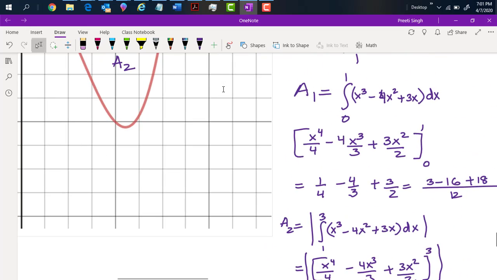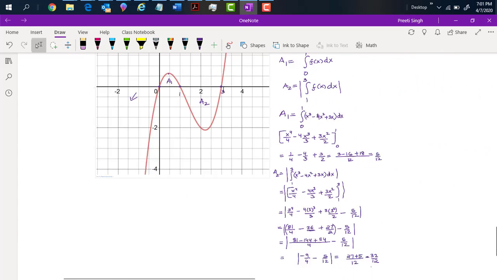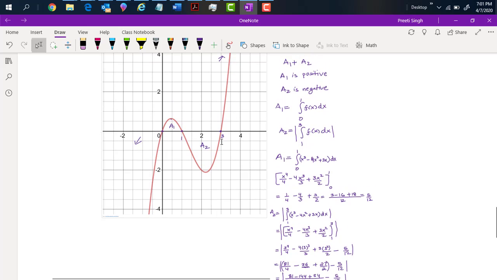So A1 is 5 over 12 right here. Let's go back here, and we have A1. A1 is 5 over 12, and A2 is coming out to be 32 over 12. So overall, A1 plus A2, the area between the function and your x-axis, is given by 37 over 12.